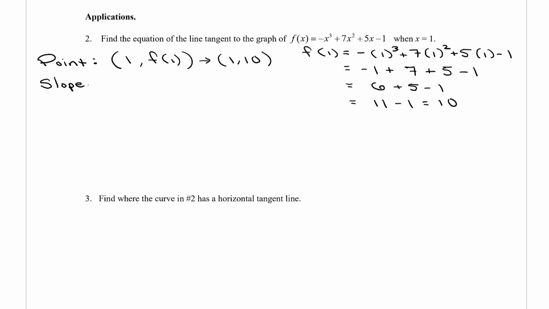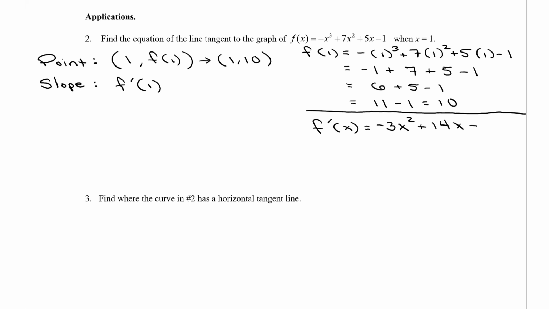In order to find the slope, we will need to find the derivative, or f prime of 1. So f prime of x, I'm just going to draw a horizontal line here separating the work from finding f of 1 to finding f prime of x. F prime of x is going to be equal to negative 3x squared plus 14x plus 5, and f prime of 1 is equal to negative 3 times 1 squared plus 14 times 1 plus 5.